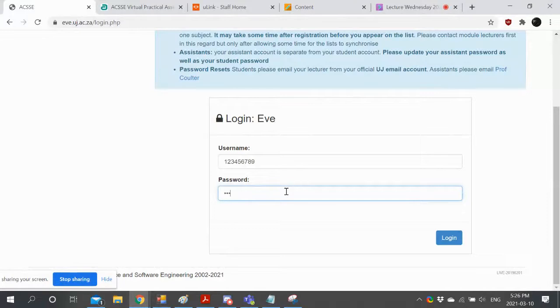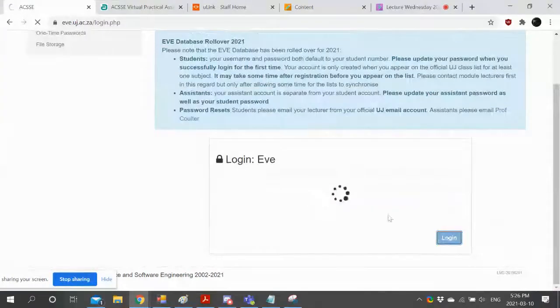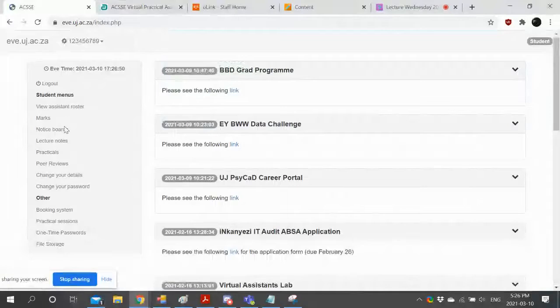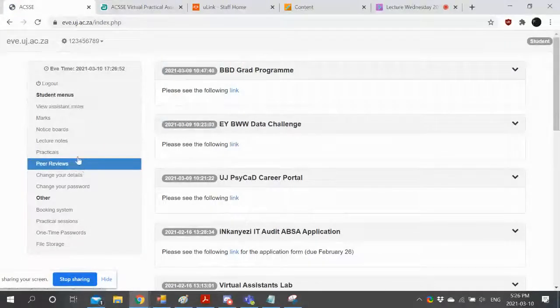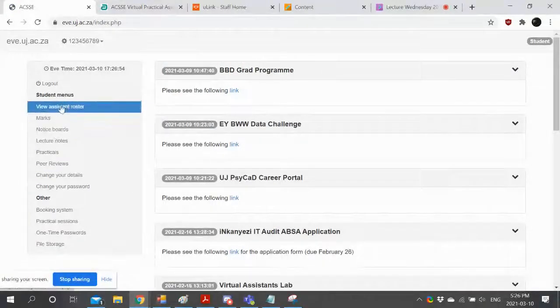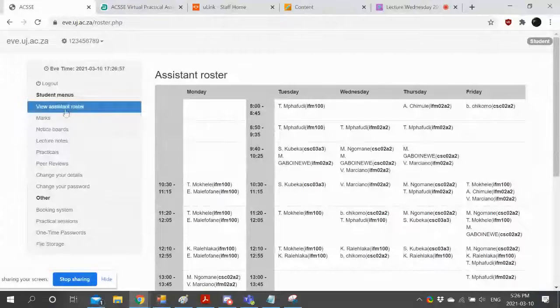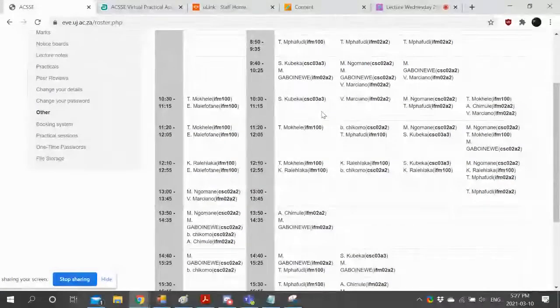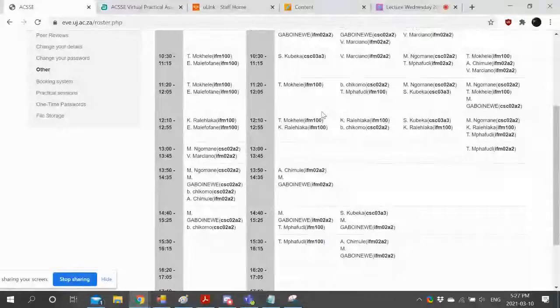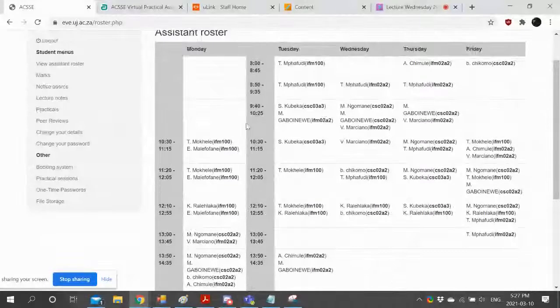So if we logged on as a regular user, I think that the first year assistants are still registering their times, but you'll be able to see when they're available by clicking on assistant roster, and then they will be available here. IFM 100 is actually a second year subject, so it's already there. But Computer Science 1 is not visible yet. They haven't booked their times, but by next week they should be available.